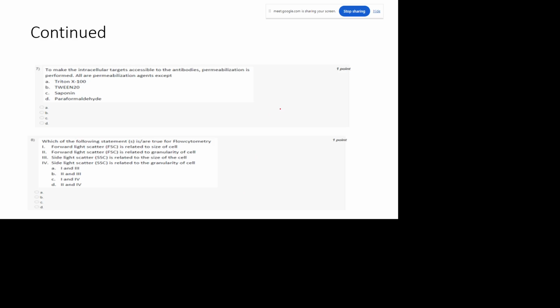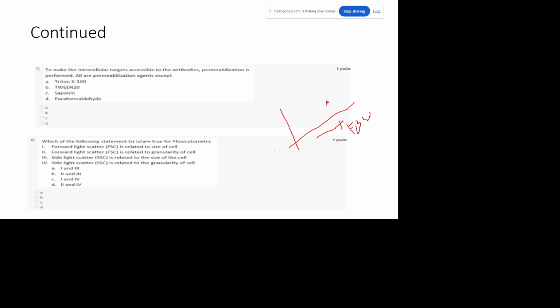For example, if you plot this graph, if you plot the FSC here, and if you have multiple samples, if your cell size is more, then the FSC will plot your largest cell at the right.